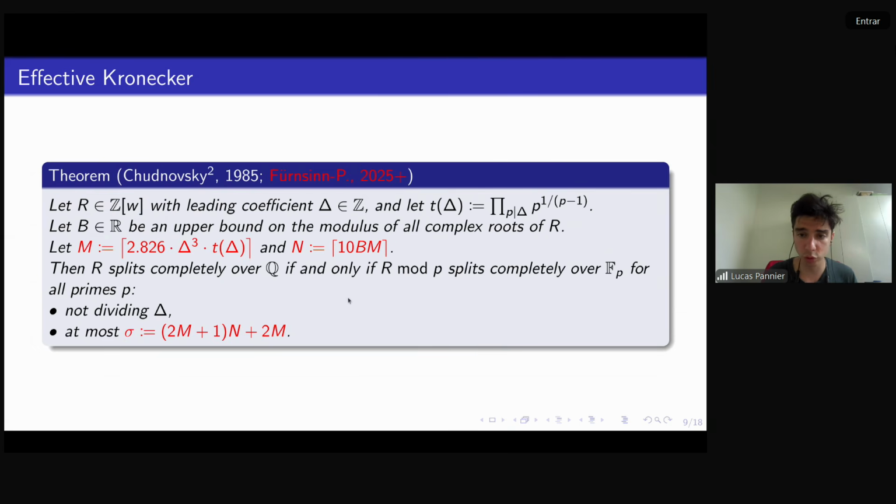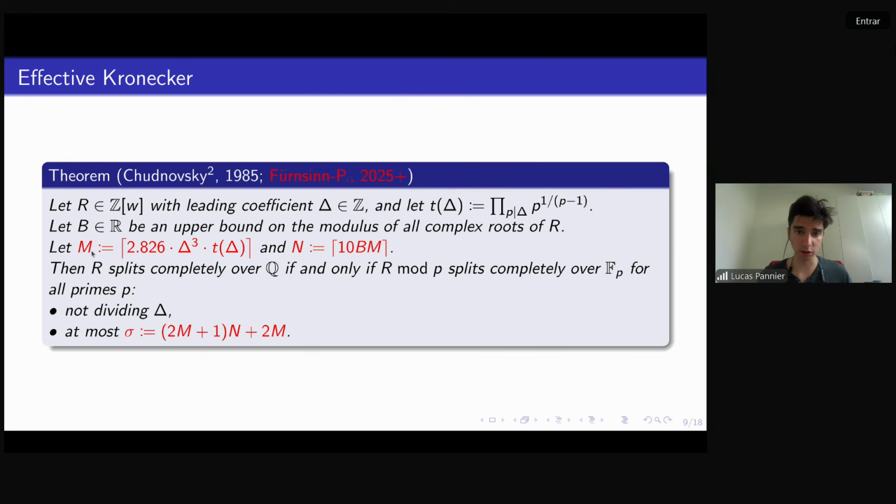So we need to introduce two more parameters, this T depending on delta, and B, which is an upper bound on the modulus of all roots of R. And we state explicit values of sigma depending on two explicit parameters M and N.